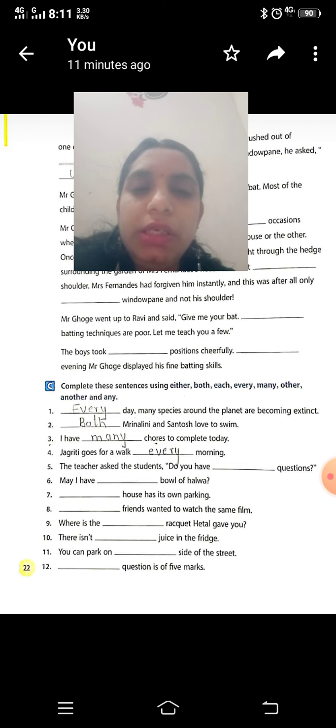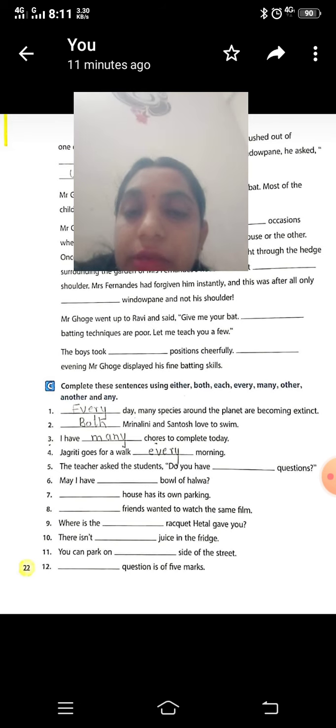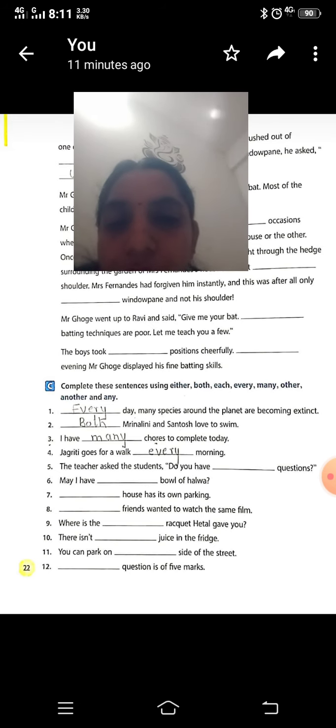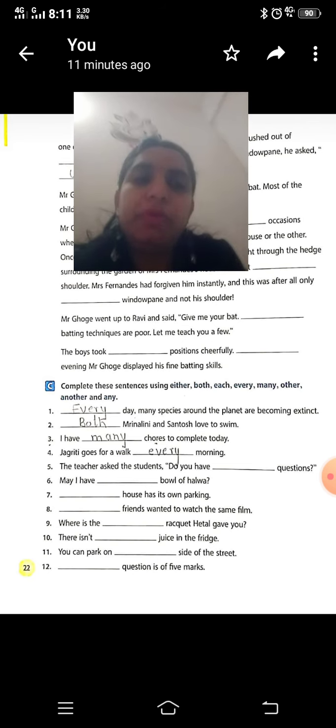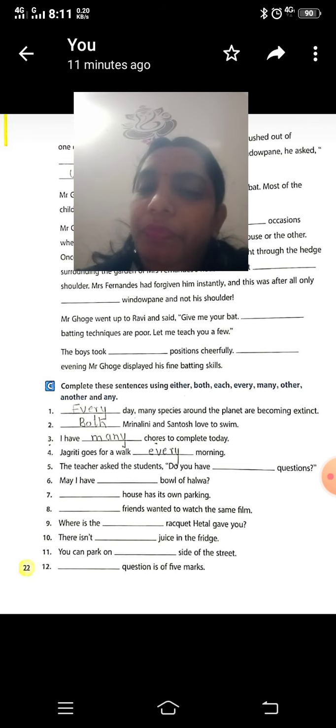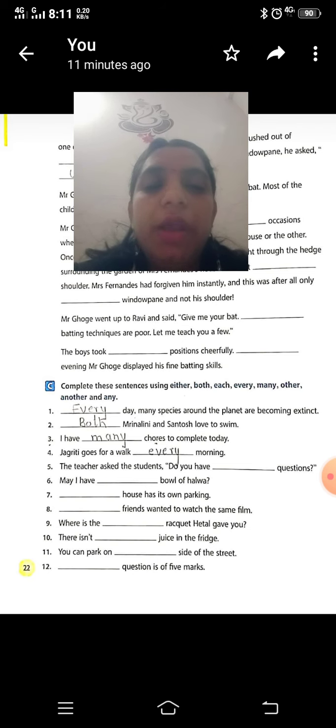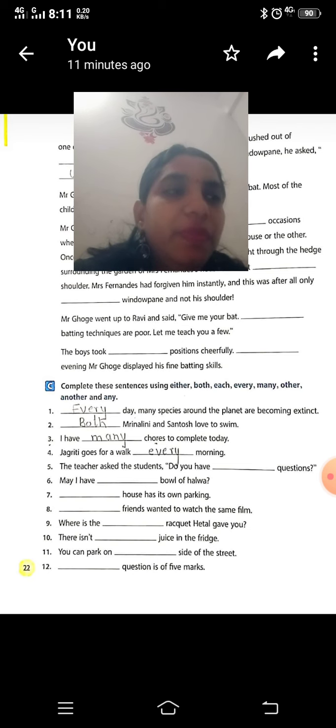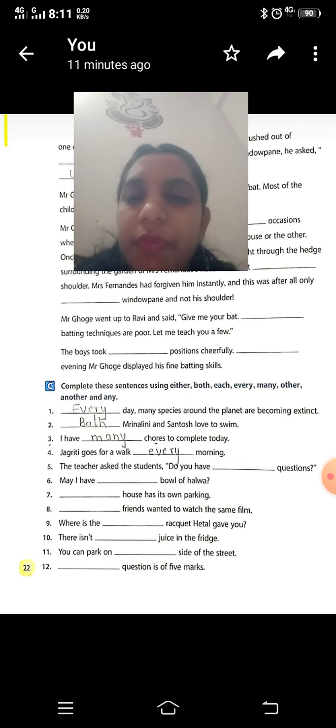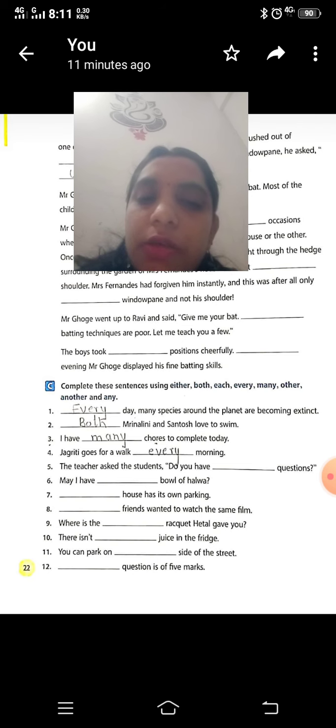I have many chores to complete today. Then number 4, Jagriti goes for a walk every morning. Number 5, the teacher asked the students, "Do you have any questions?" Okay, any question is there. Then number 6, may I have another bowl of halwa.